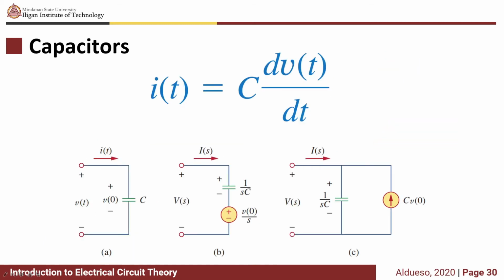For capacitors, we are given the current as C dv over dt. Or if you express this in Laplace transform, the capacitor current is equivalent to C times s V(s) minus the initial value of v.